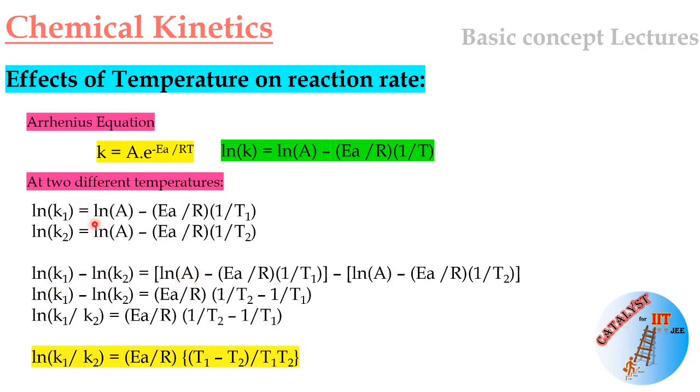You cancel out the ln A part, and what you get is ln K1 by K2 equal to E by R times (1 by T2 minus 1 by T1), or by simplifying it, ln K1 by K2 equal to E_A by R times (T1 minus T2) by T1 T2.